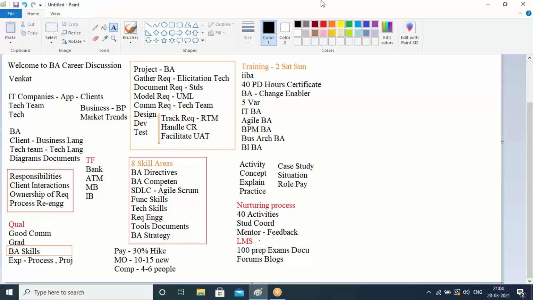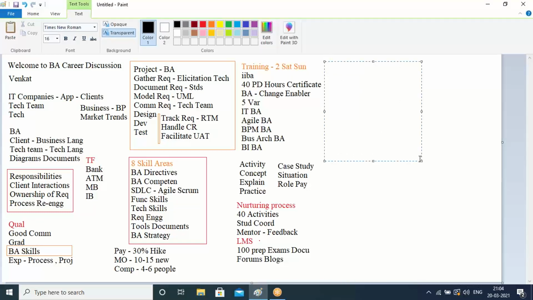And once this nurturing process is completed, we'll start the resume preparation. In the resume preparation, HRs and mentors will help you add those new business analysis skills to your profile.